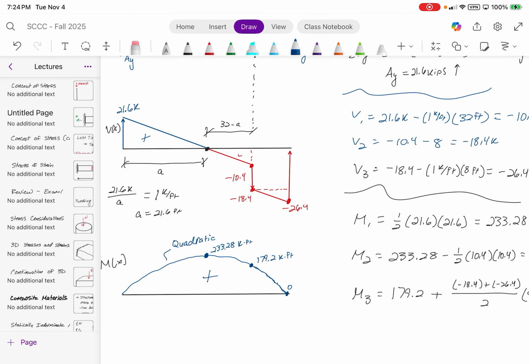All right, so the packets I provided you guys are shear and bending moment diagram packets. It's basically a supplemental piece. Did I give somebody my own packet? I think I gave somebody else my packet.